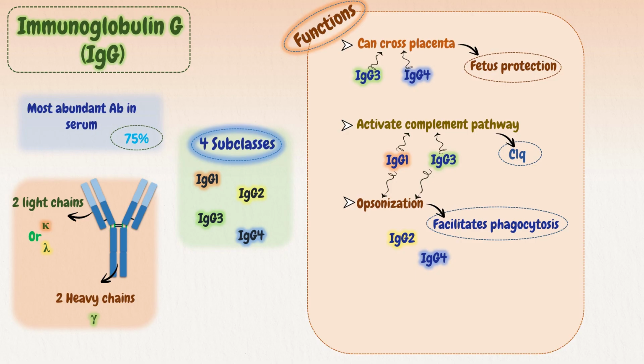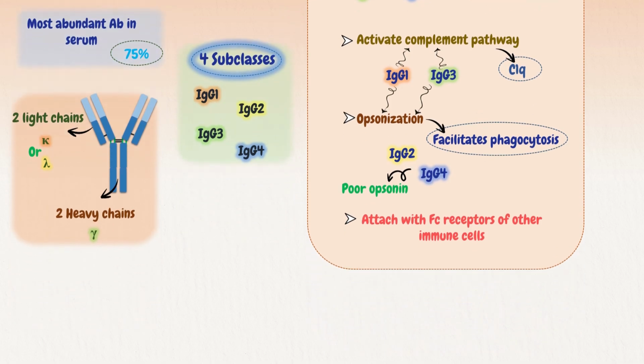But IgG2 and IgG4 react predominantly with carbohydrate antigens and are relatively poor opsonins. IgG can also attach with Fc receptors present on monocytes, macrophages, and other immune cells and aids in their activity against foreign antigen. Next class of antibody is Immunoglobulin M.